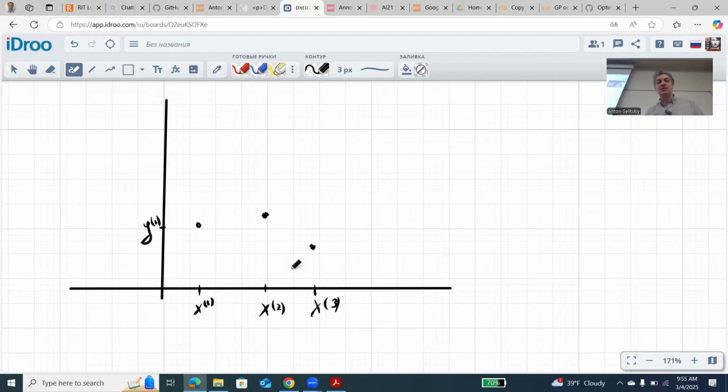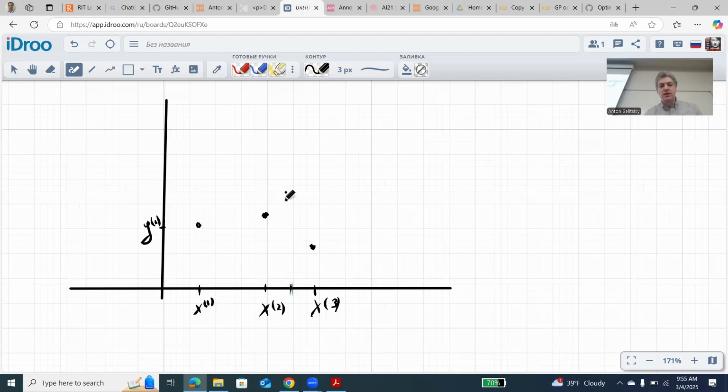X2 and x3. Yeah. Later we will actually solve this problem, and there's a rule how to choose this threshold based on some criterion. But for now, we can just do this by observation and choose the threshold between x2 and x3.